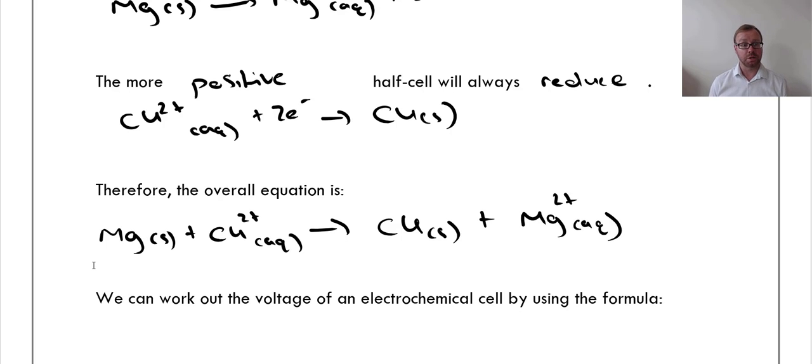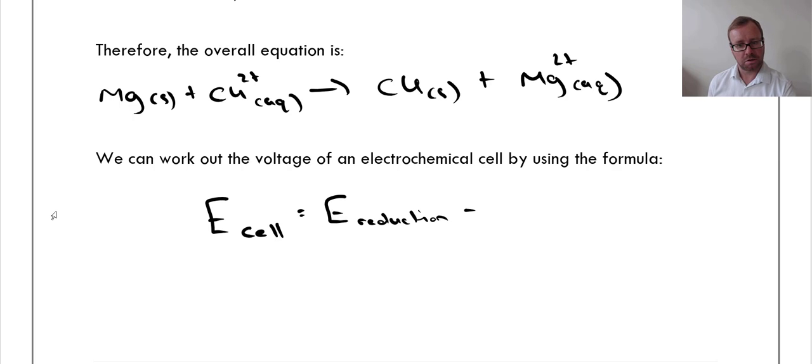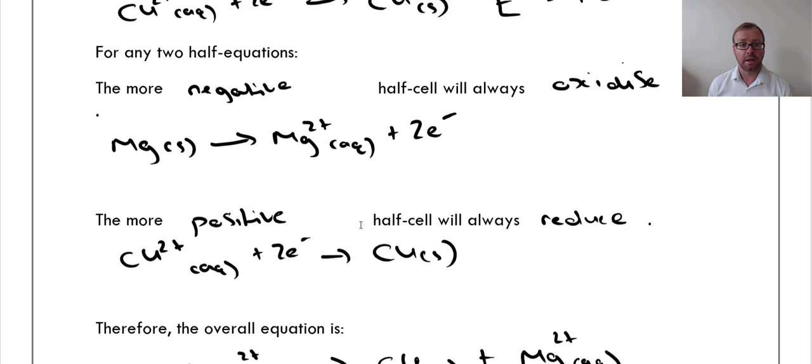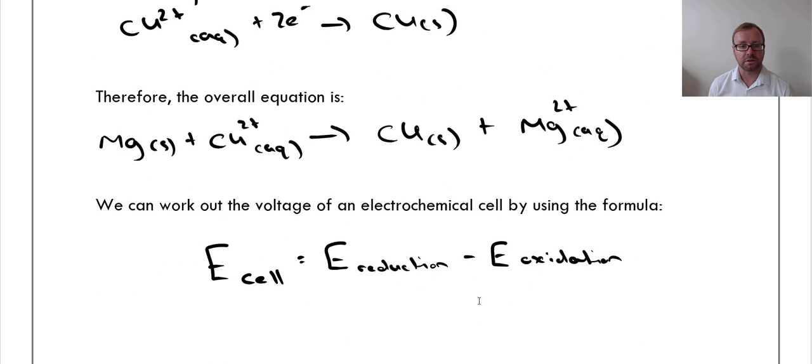Okay, simple so far. And we can work out the overall E potential, E cell, by using this equation. E cell equals E reduction minus E oxidation. So my potential value for the reduction equation minus the potential of the oxidation.